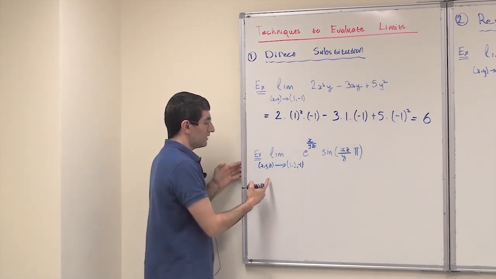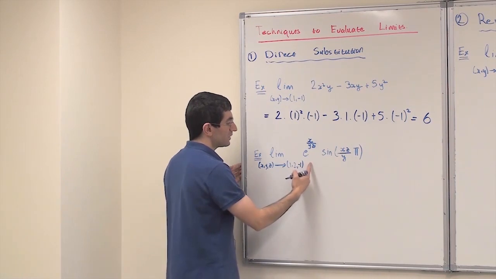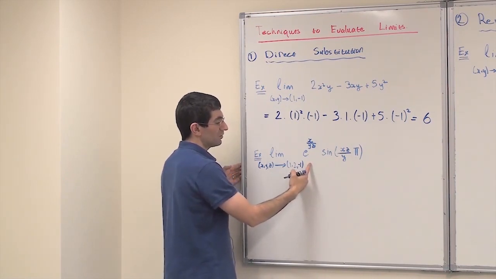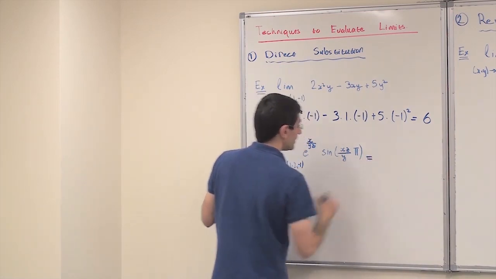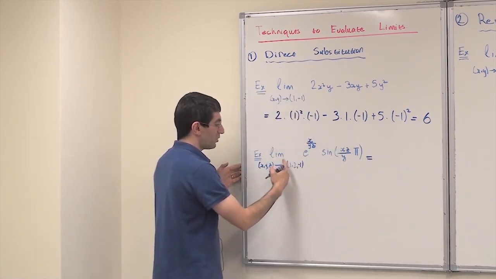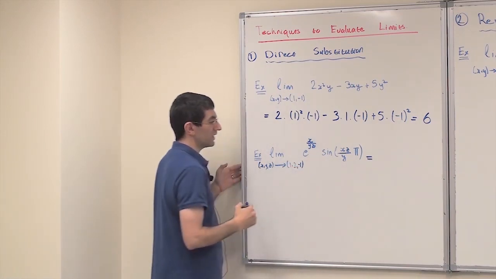Okay. In our next example, we have this time a 3-variable function, and I'm going to use again the direct substitution, because this point here is in the domain of this 3-variable function.